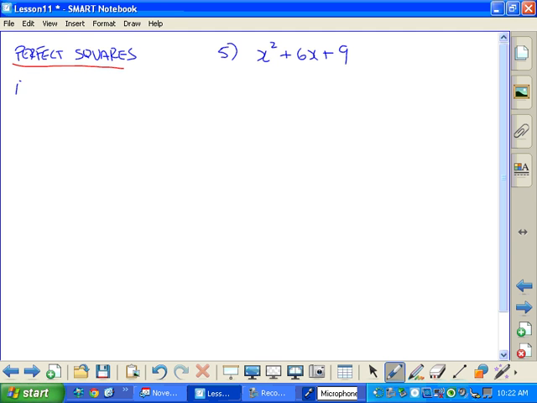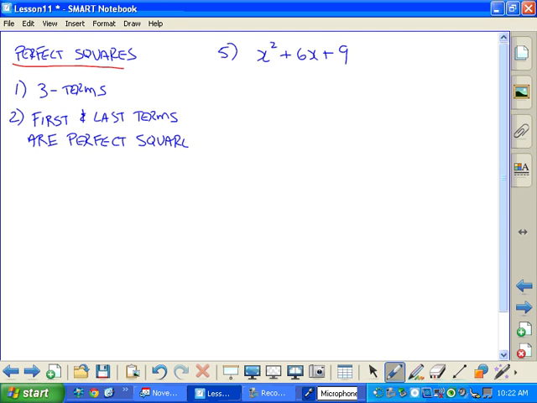So the first thing is there's got to be 3 terms. The second is that the first and last terms are perfect squares. That means you can take the square root of them, so the same as it was above with the previous example.